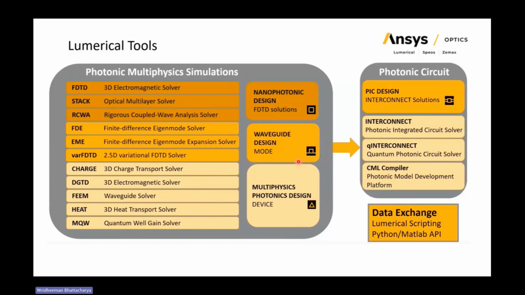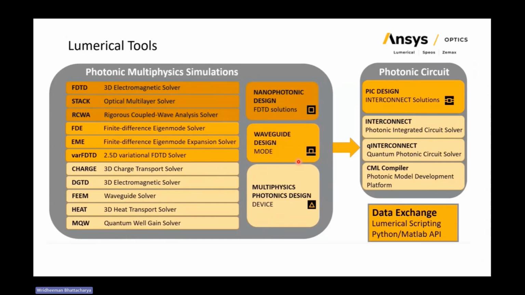Now, secondly, Lumerical offers an FDE, the finite difference eigenmode solver, along with the EME, which is the eigenmode expansion solver, and the varFDTD, which is the 2.5D variational FDTD solver. There might be a confusion about why varFDTD exists along with FDTD.